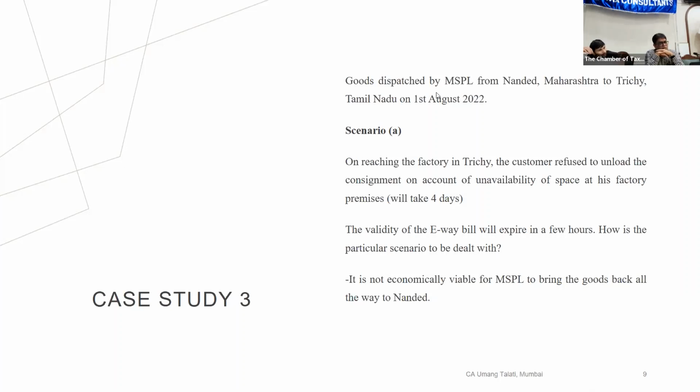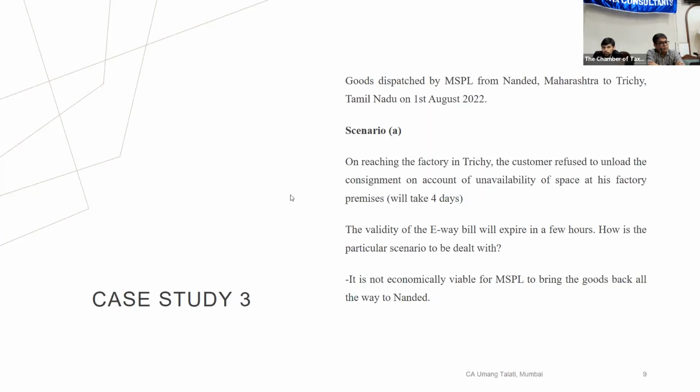Yeah, I think transporter place cannot be said to be a fixed establishment, and through delivery challan only the goods will go to the transporter's place. That is the only solution which is available. Okay, so we'll just add a little bit of complication in this same scenario.